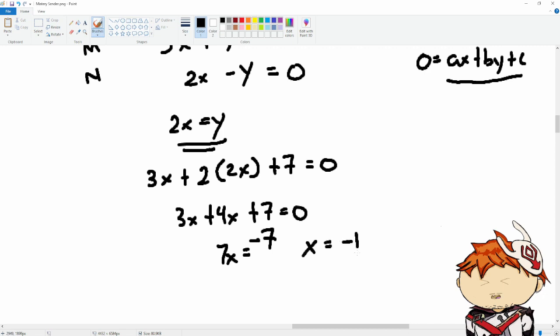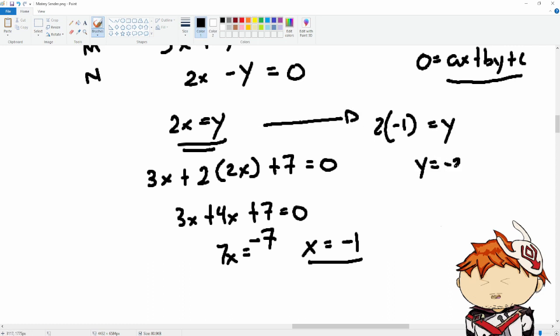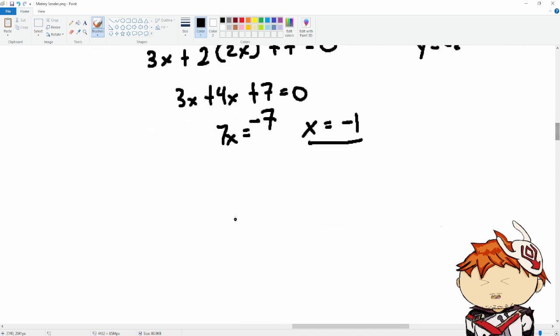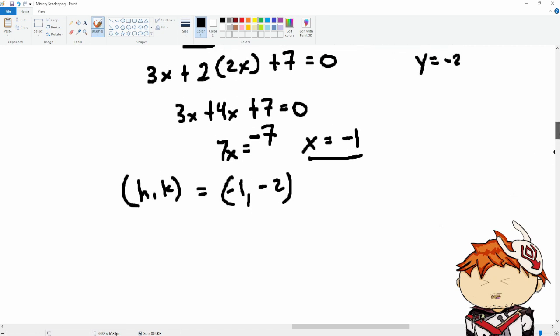X is equal to negative 1. And if x is negative 1, then y is equal to 2 times negative 1, which is negative 2. Meaning, the intersection of the lines, h and k, is negative 1, negative 2.